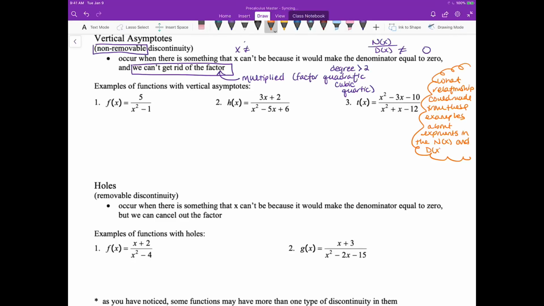So we can think about that question as well as we factor these examples, because we'll need to factor those quadratic equations to see if we can get rid of the factors.